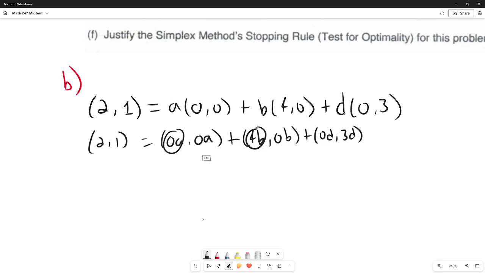So we can map that out. 0A, which is 0 times A, 0 times anything is just 0, so we don't even have to write it. Plus 4B plus 0D, again, that's just 0, so we don't have to write it, is equal to 2.